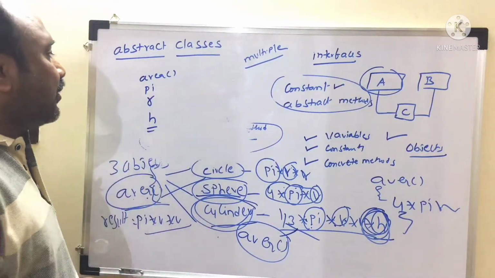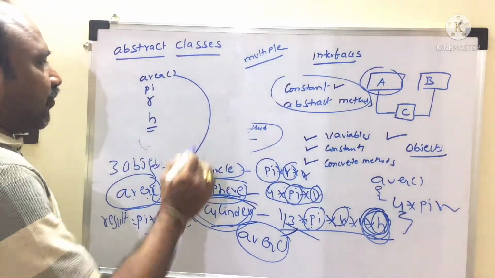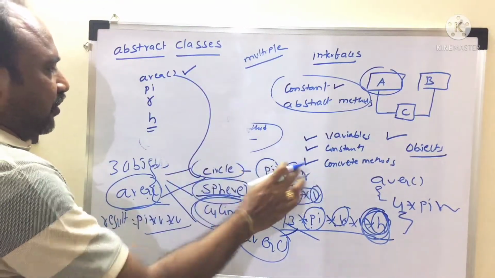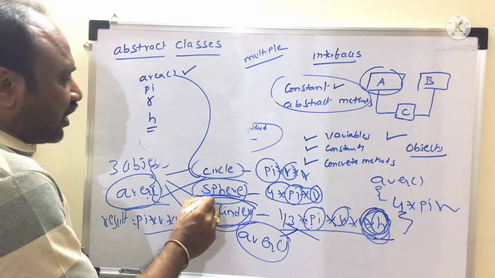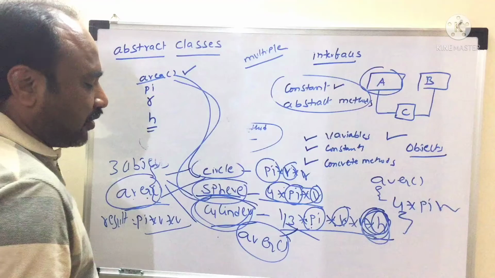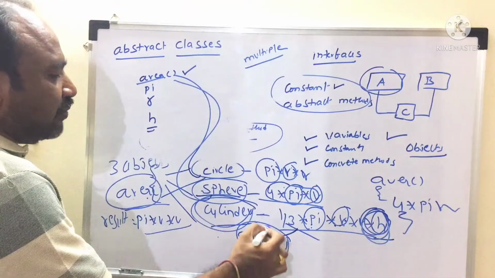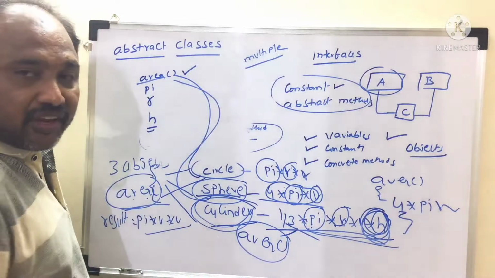When the circle is going to use all these values, the formula is different, pi r square. When the sphere is going to use all the values and the area method, the formula is 4 pi r. When the cylinder is going to use the pi value, r value and h value, what is the formula? For example, 1/3 pi r square h.